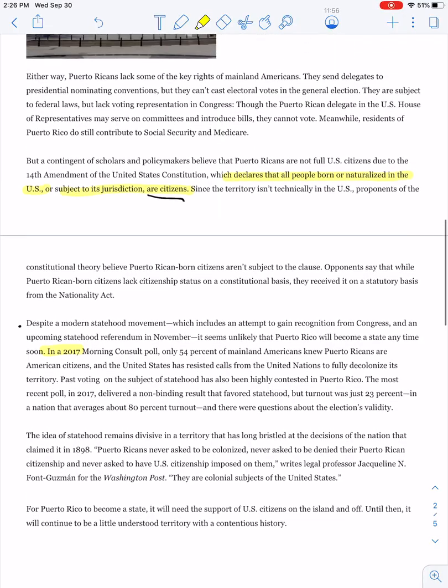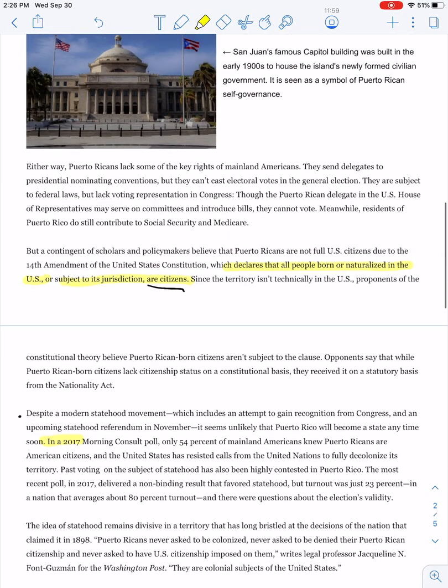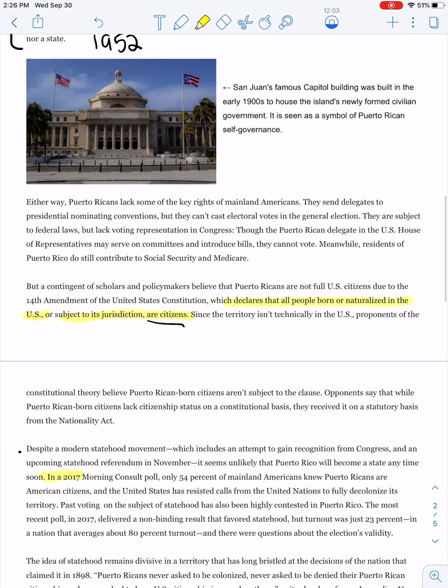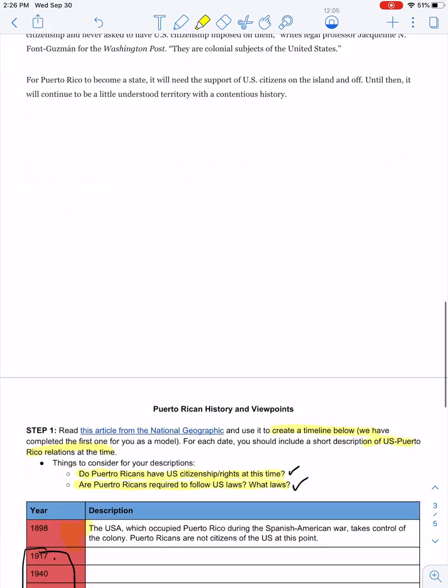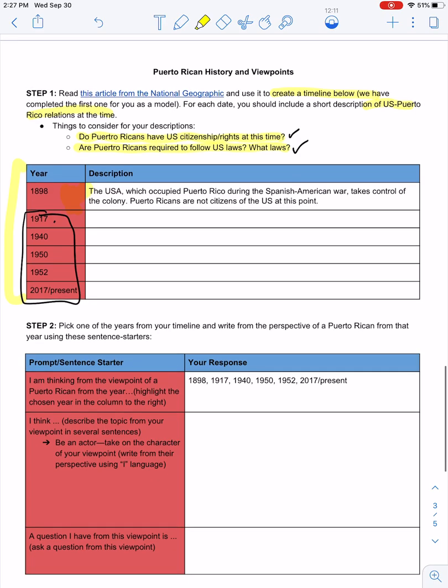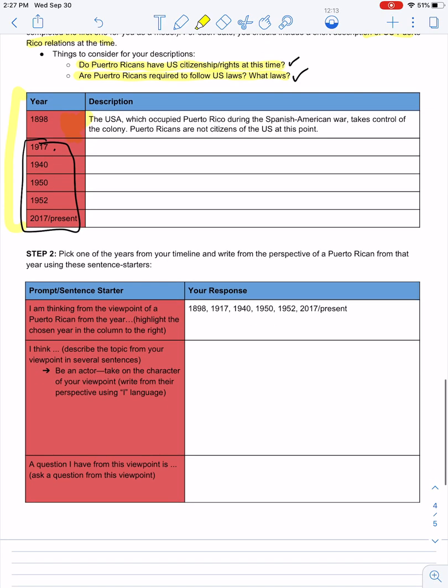All right, so that is the end of your reading for and about Puerto Rico. So remember, just continue on and fill in your chart here. After you fill in that chart, you will go to step 2, which says pick one of the years from your timeline and write from the perspective of a Puerto Rican from that year using these sentence starters.